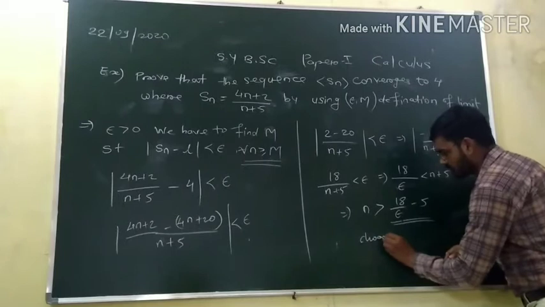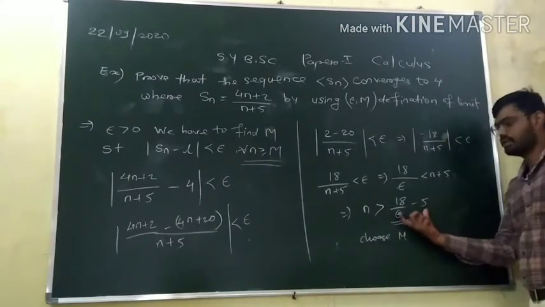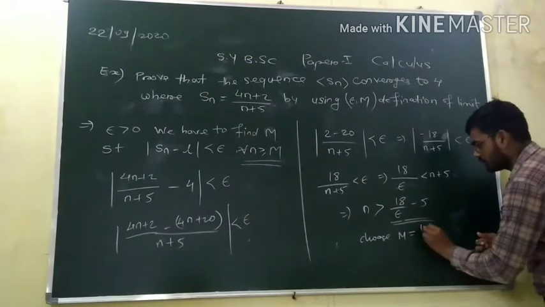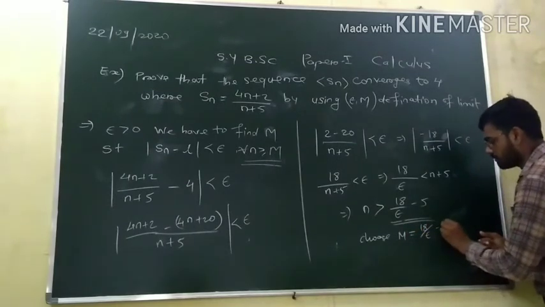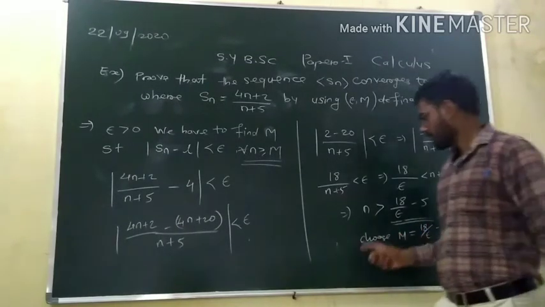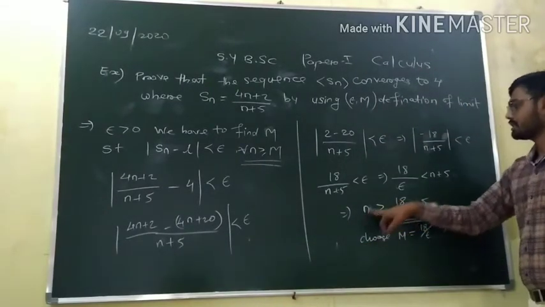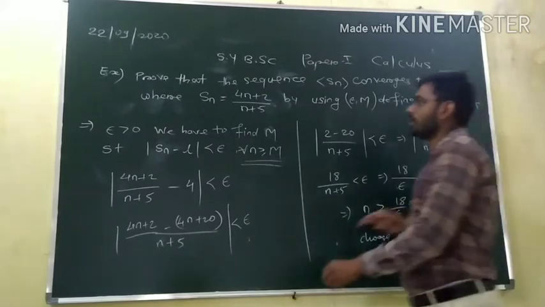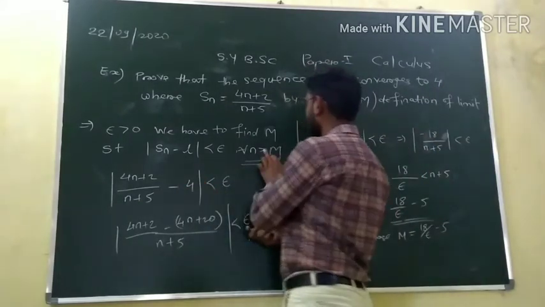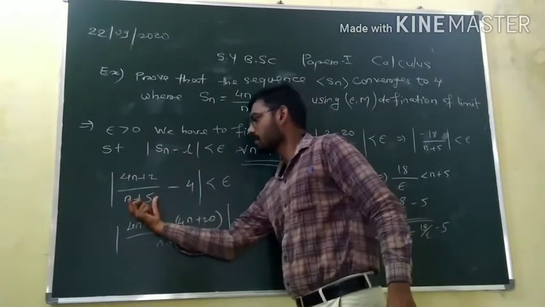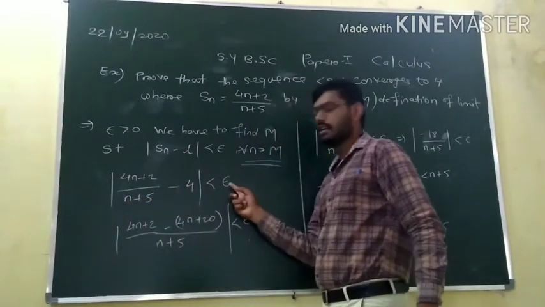So choose M equal to 18/epsilon minus 5. Whenever we take M equal to this value, then whenever n is greater than this, the difference between Sn and 4 is less than epsilon.